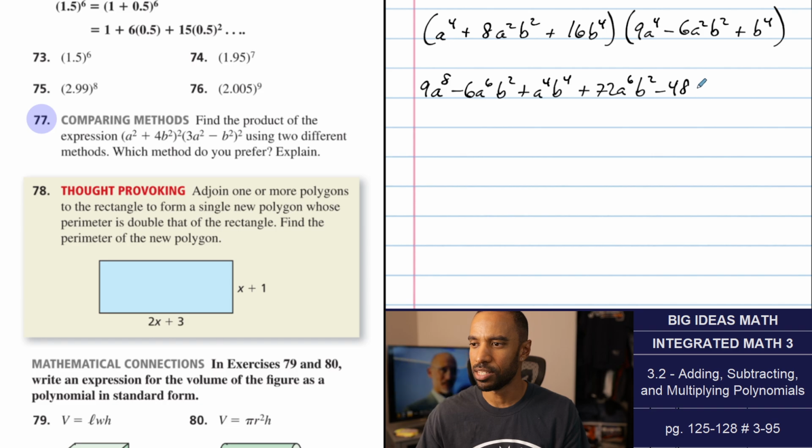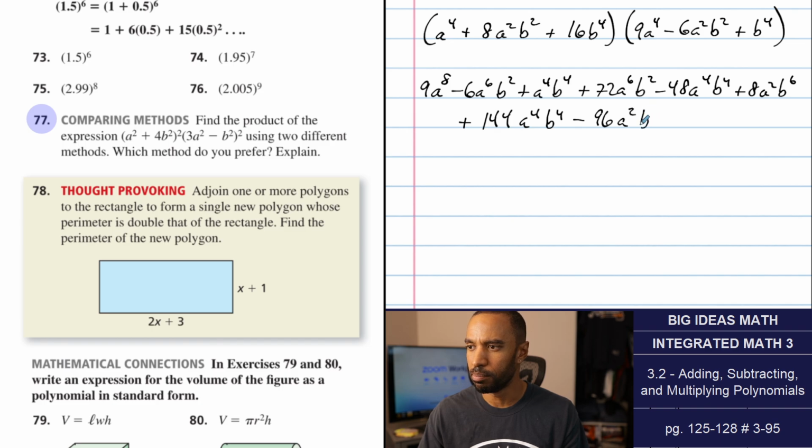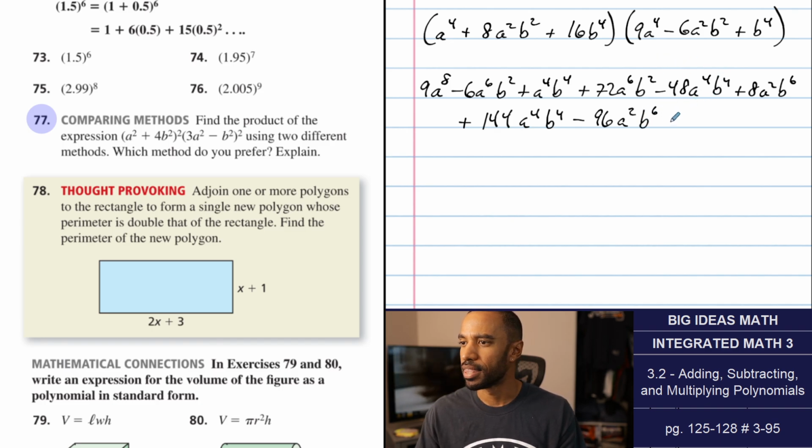Minus 48 a to the 4th b to the 4th plus 8a squared b to the 6th. And then the last set, plus 16 times 9 is 144, plus 144 a to the 4th b to the 4th, minus 16 times 6, 96 a squared b to the 6th. Oh yeah, we have one of those. And then plus 16b to the 8th.